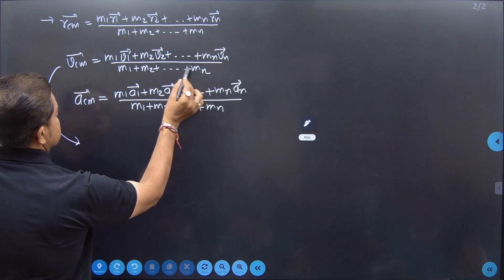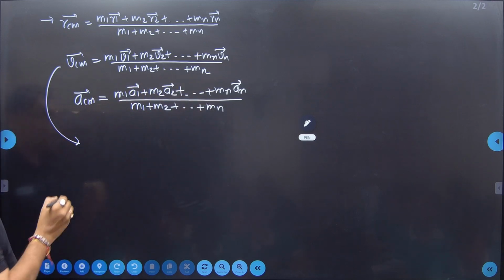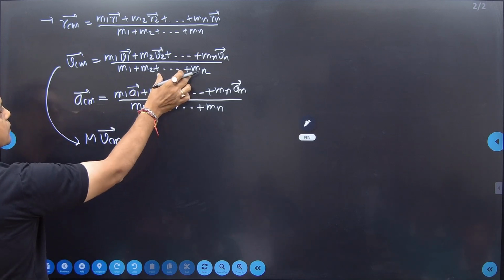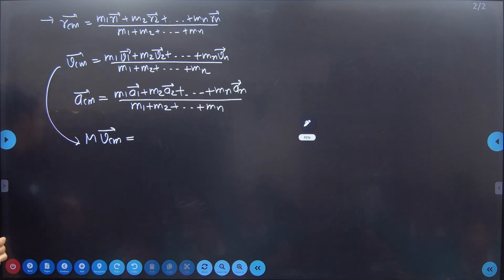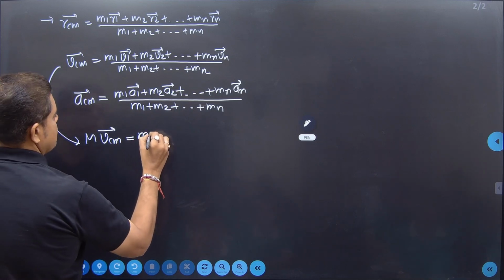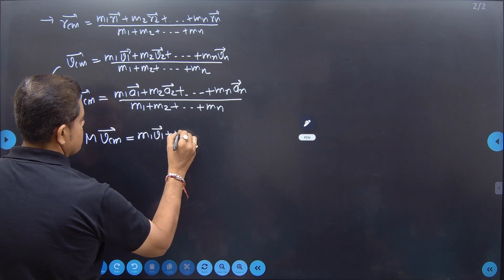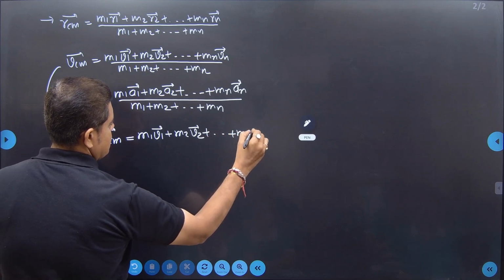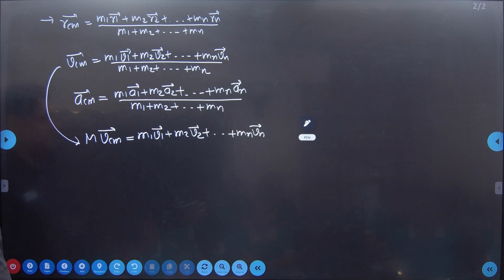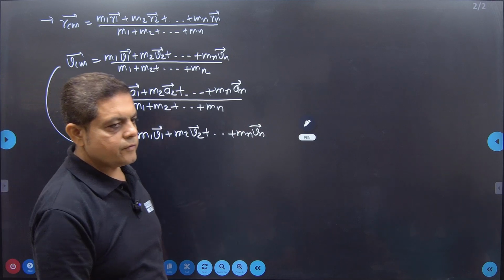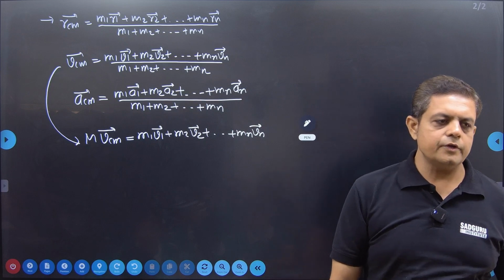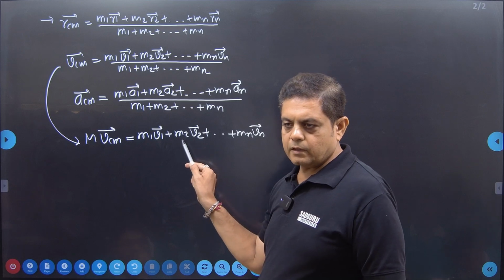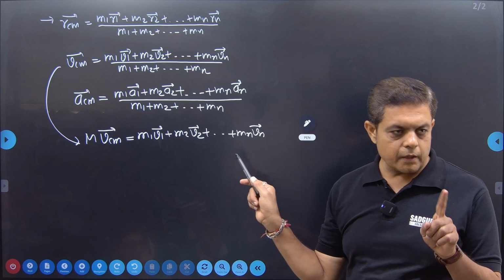Now consider this m1 + m2 and so on. This is the total mass of the system, so it can be written like this: M vcm is m1 v1 + m2 v2 and so on up to mn vn. Here m1 v1 is the momentum of particle 1, so this is p1. m2 v2 is p2, the momentum of particle 2.